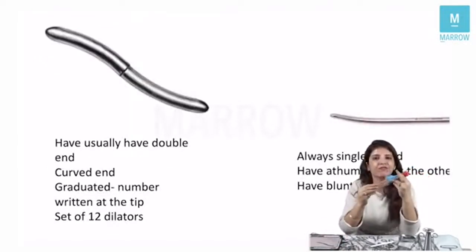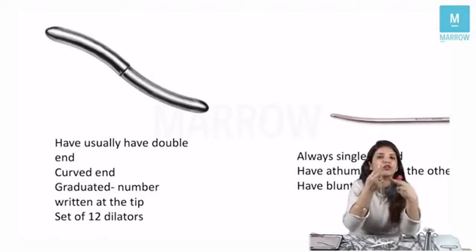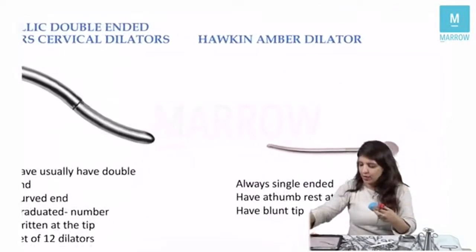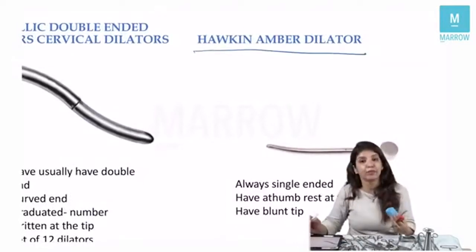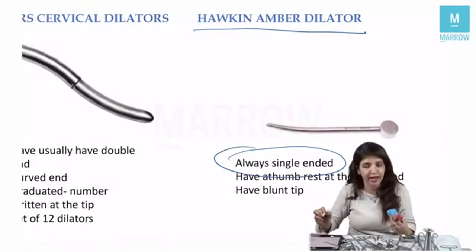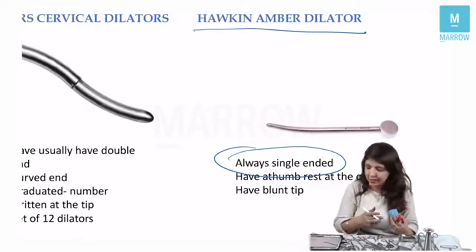Hegar's dilators have a double end. One end is a little narrower than the other end. They have numbers written over here which tell you what number dilator it is, right? Now, this image over here is a Hawkin-Ambler dilator. A Hawkin-Ambler dilator is always single-ended. Hegar's dilator usually is double-ended, but it may be single-ended.